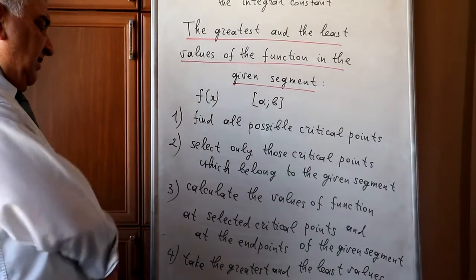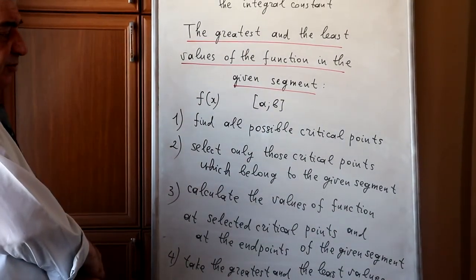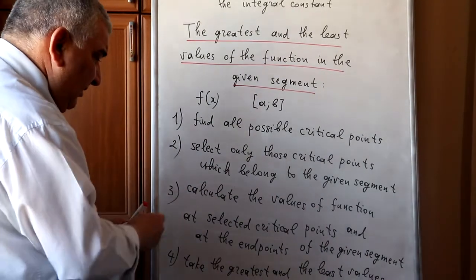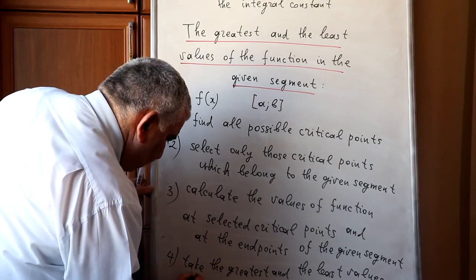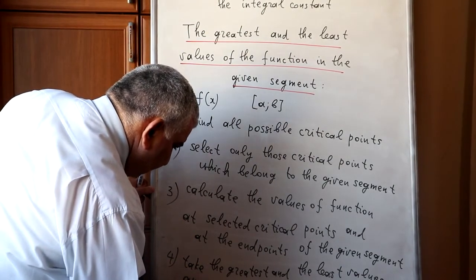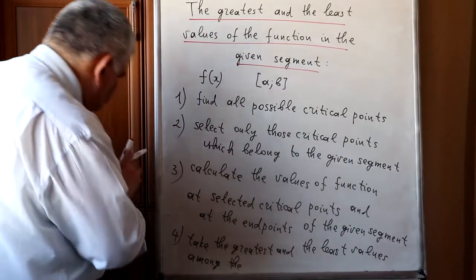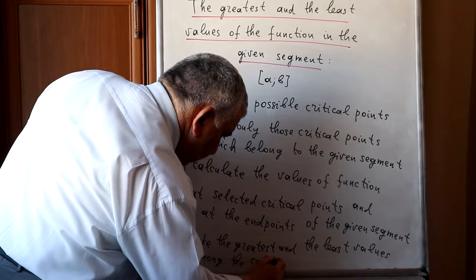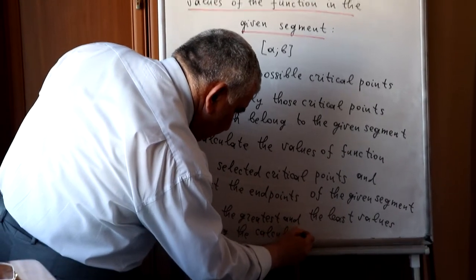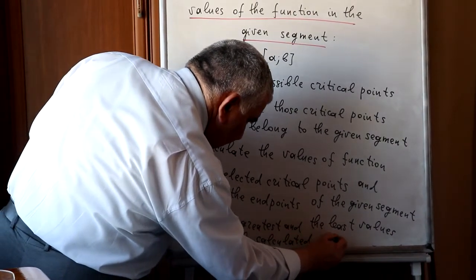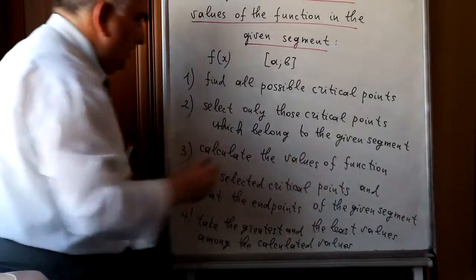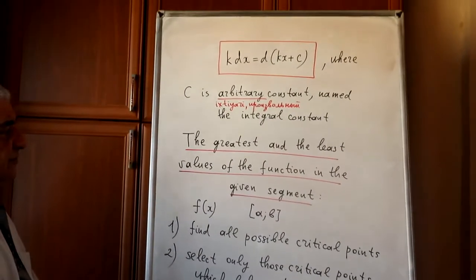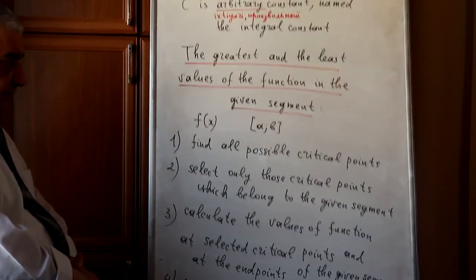Take the greatest and the least values among the calculated values. It is a plan for finding the greatest and the least values of the function in the given segment.